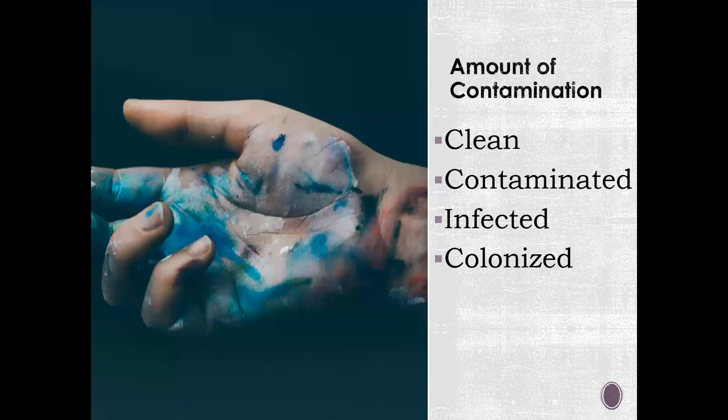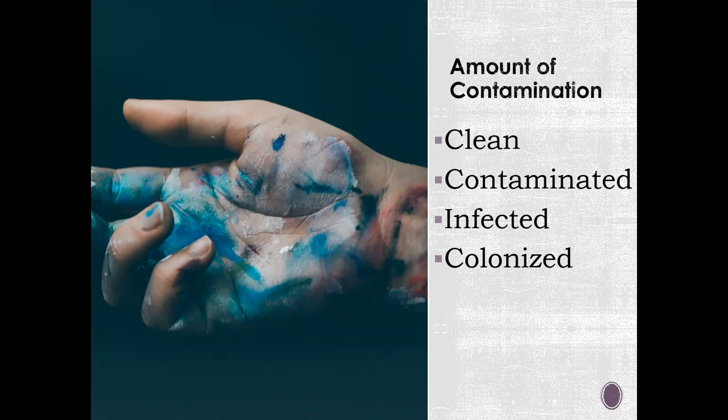So, amount of contamination. What's the difference? A clean wound is one in which there's no infection and really no risk to develop an infection, or the risk is extremely low. An example of this would be a closed surgical incision made in a controlled, sterile environment of an operating room, and it did not involve bacteria-containing organ systems.